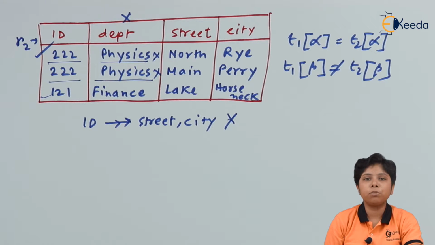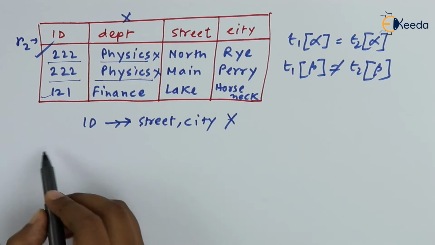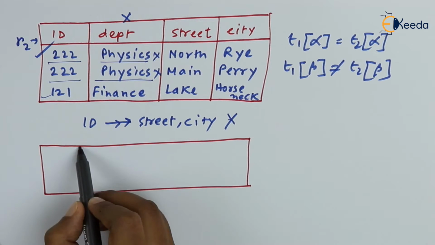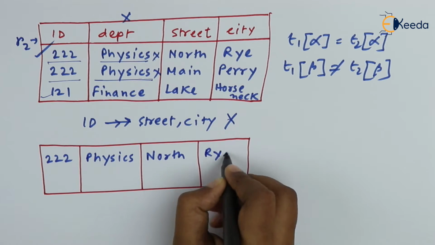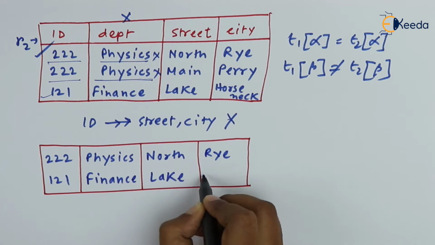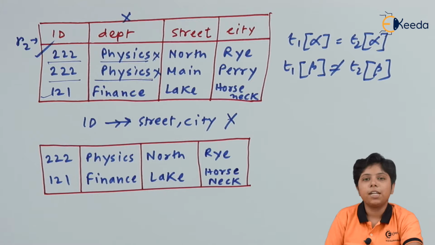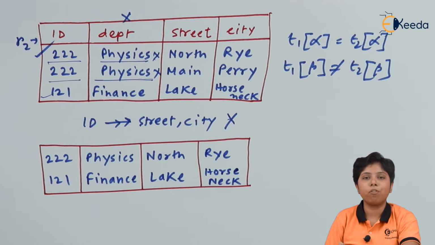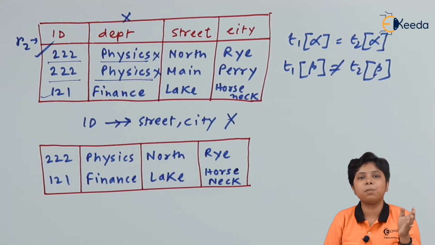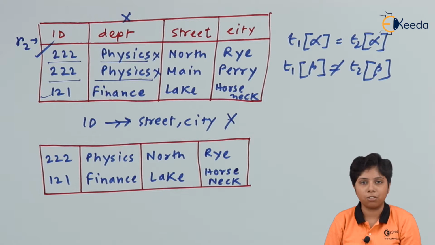Now if I want to remove the redundancy from this relation, we can result in this relation. Now if we look at this, if I want to fetch all the departments in the university with all the city addresses that the department or the instructor from the department has got.